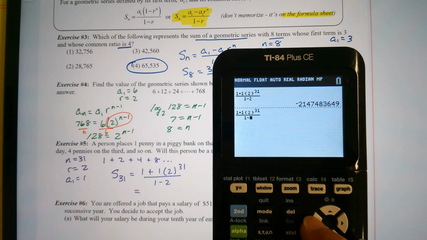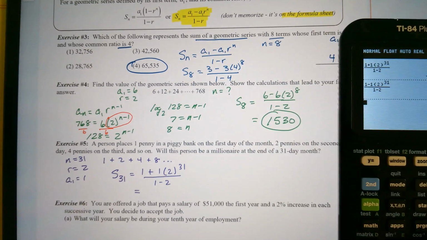Shouldn't end up with a negative, because I put a plus instead of a minus. I did that in the calculator and also on my paper. Let's correct that.